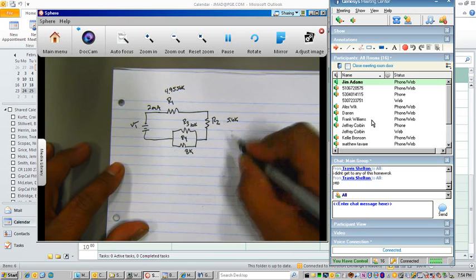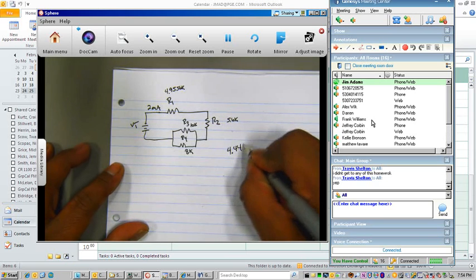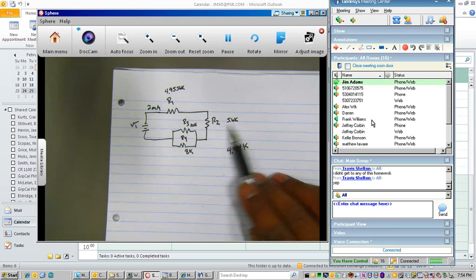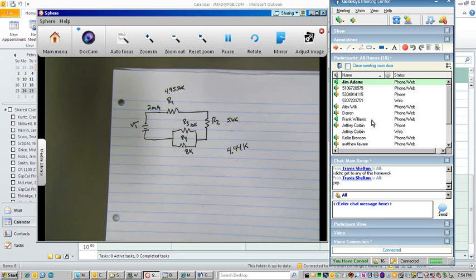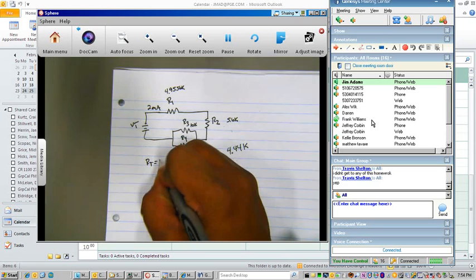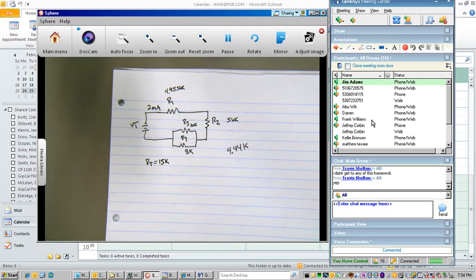So we know that coming all the way through, you just have to find the total resistance. Okay, so the total resistance, when we got this 10K and 8K in parallel, right? Yeah, so we have to find those out first. Okay, let's go ahead and figure that out.